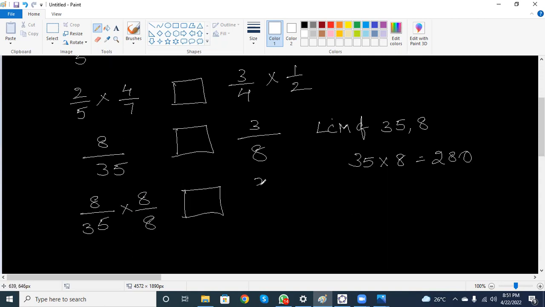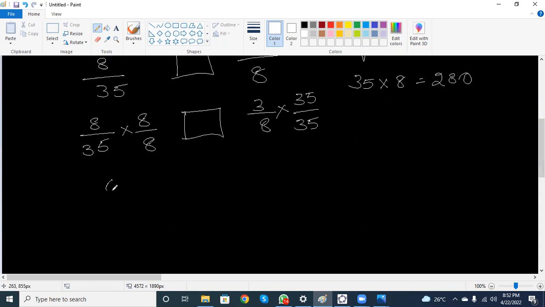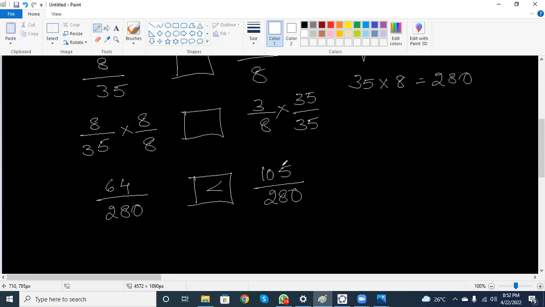And here 3/8 is there, so to make 280 in the denominator, you need to multiply by 35. 8 8s are 64, and 35 8s are 280. 3 35s are 105, and 8 35s are 280. Now the denominators are equal, so let's compare the numerators. 64 is less than 105, so 105 is greater.